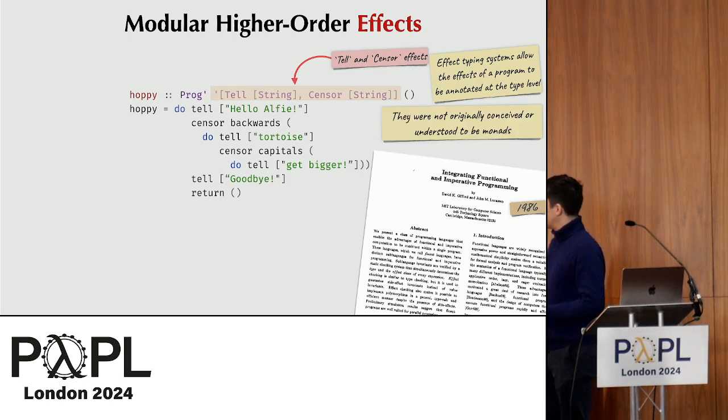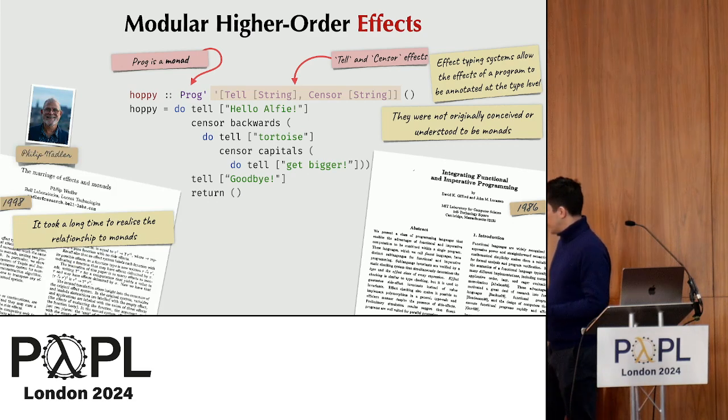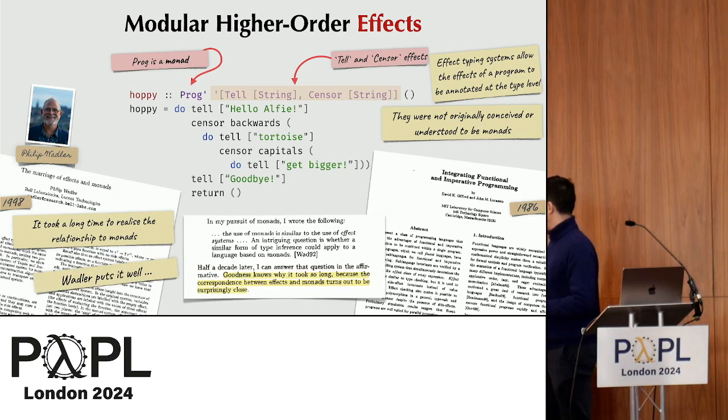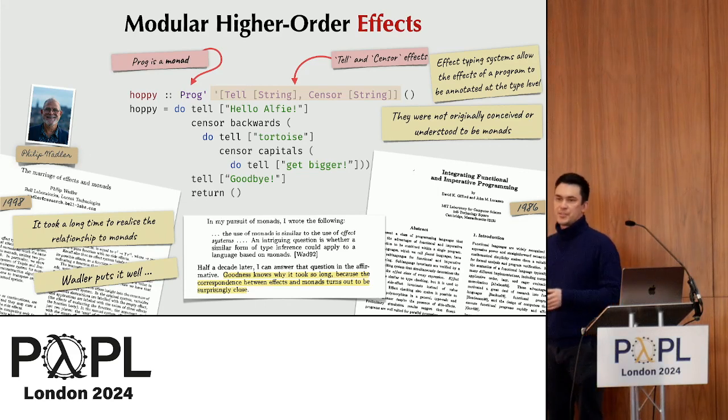It takes quite some time before the relationship to monads was established. In fact, it took something like 10 years. And it was, again, Wadler who did it, and he himself puts it really well. He said, half a day, goodness knows why it took so long, because the correspondence between effects and monads turns out to be surprisingly close.